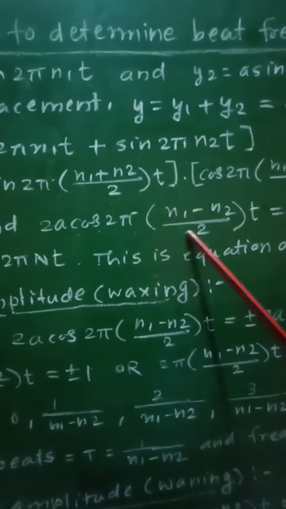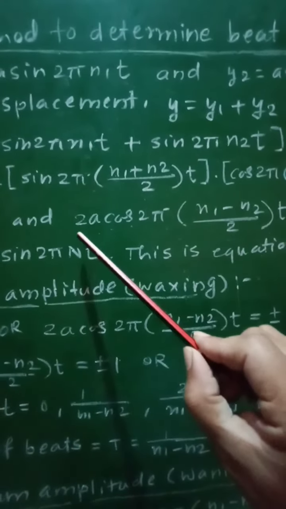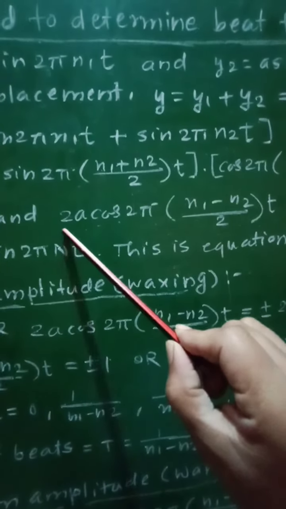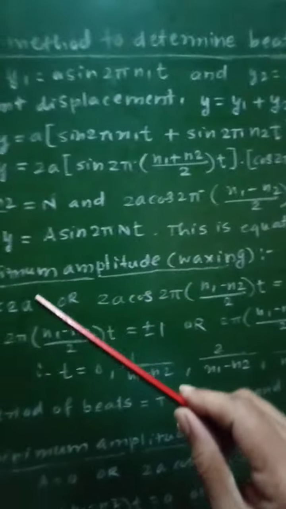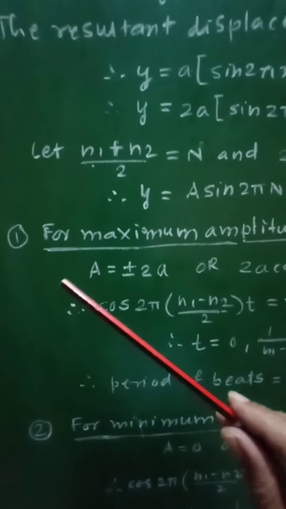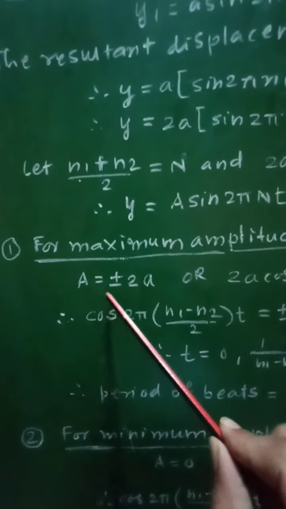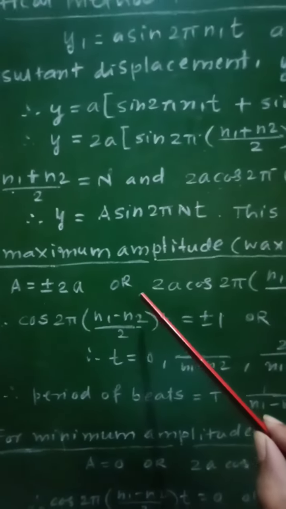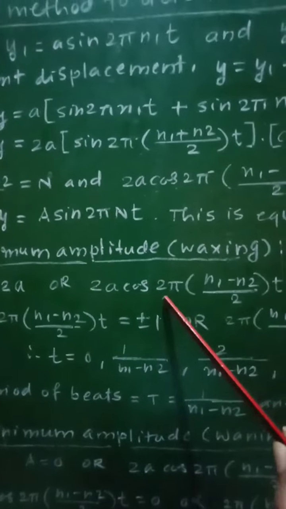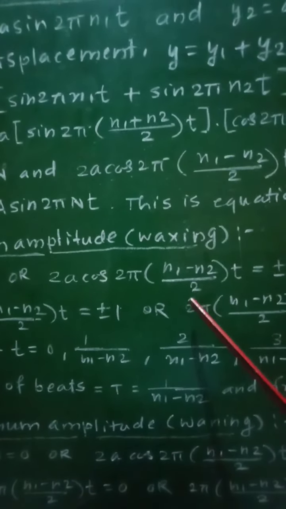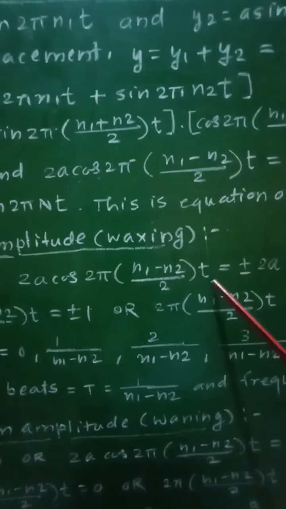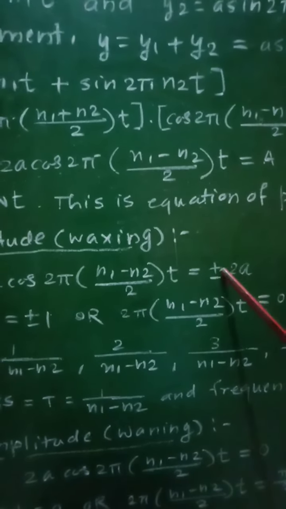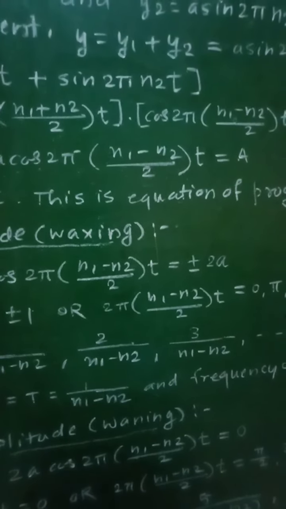Therefore for waxing, or maximum amplitude, A is equal to plus or minus 2a, or we can write 2a cos 2 pi (n1 minus n2)/2 into t will be equal to plus or minus 2a.